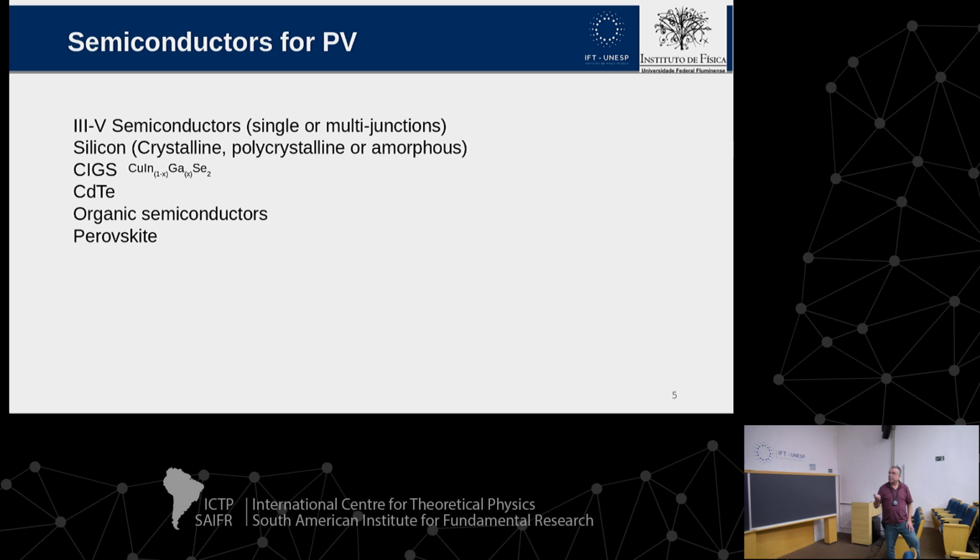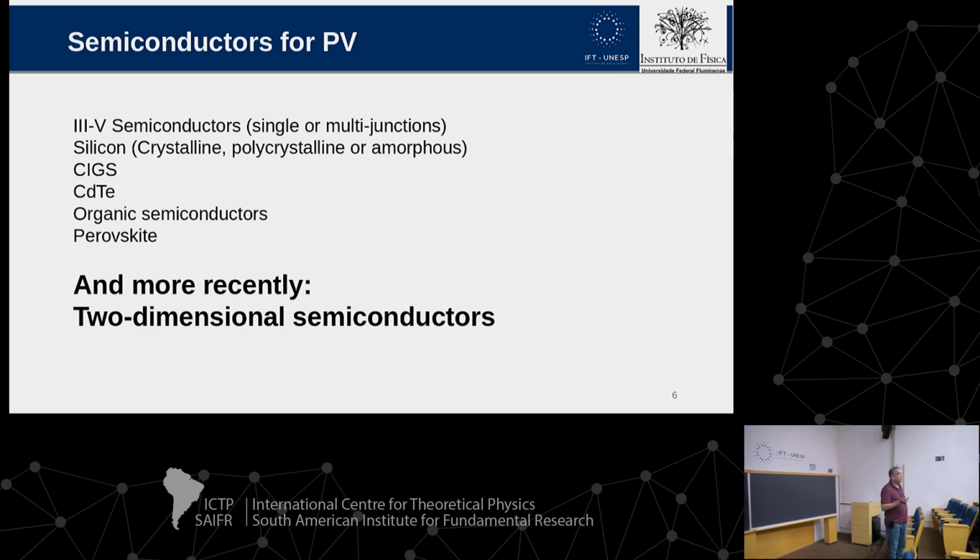For instance, Marilia and other people talk about organic semiconductors that can be used for photovoltaics. Perovskite is very impressive because the efficiency of perovskite has increased a lot in the last decade, so it's also very important. There are several other kinds of materials.